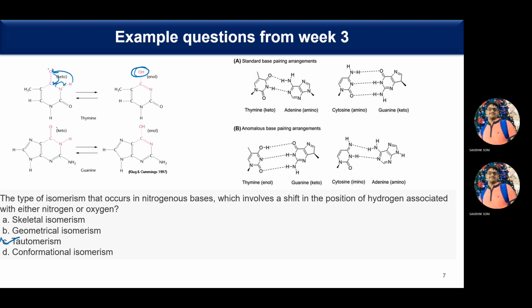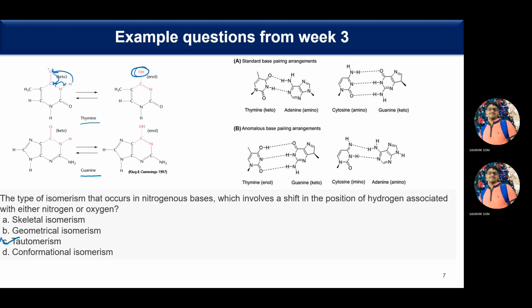The same happens also here, so keto-enol tautomerism works in thymine and also in guanine. Now you can see when the keto-enol tautomerism happens, and there is also amino-imino tautomerism. Now thymine and guanine are both mostly found in the keto form, right?